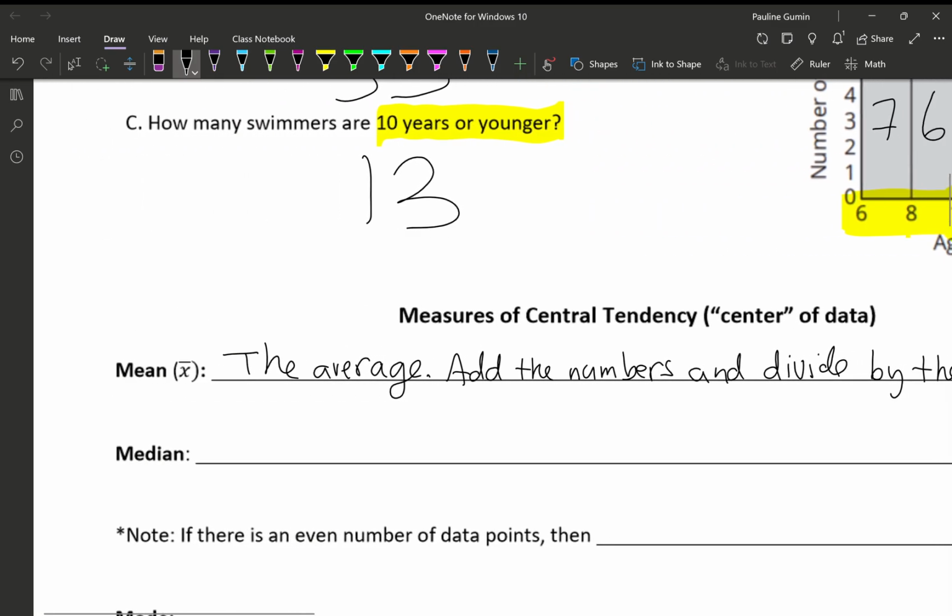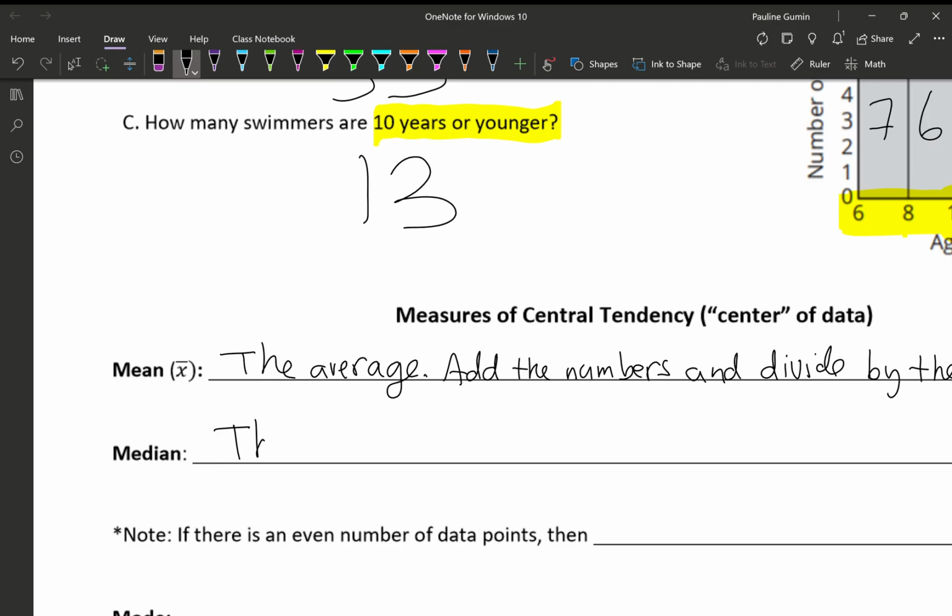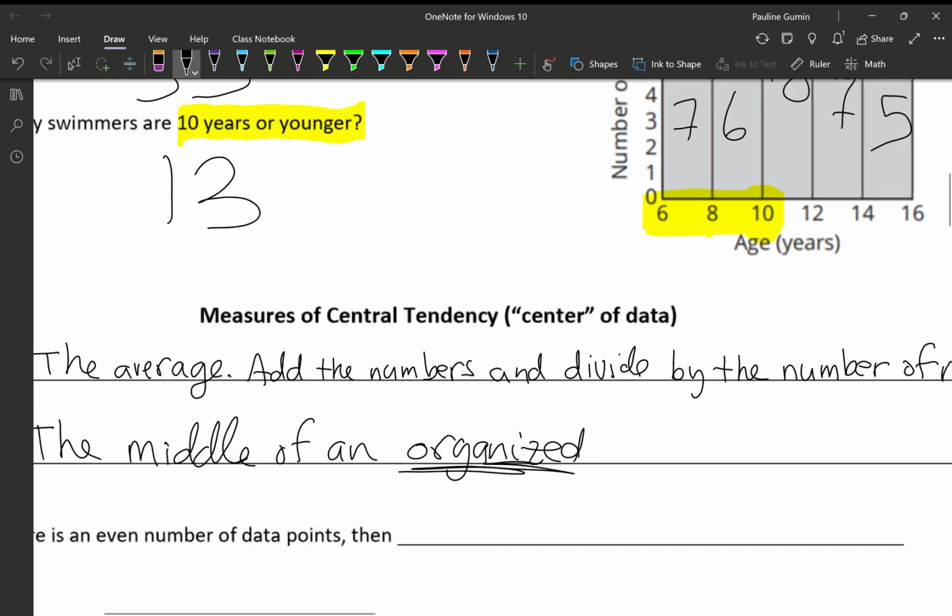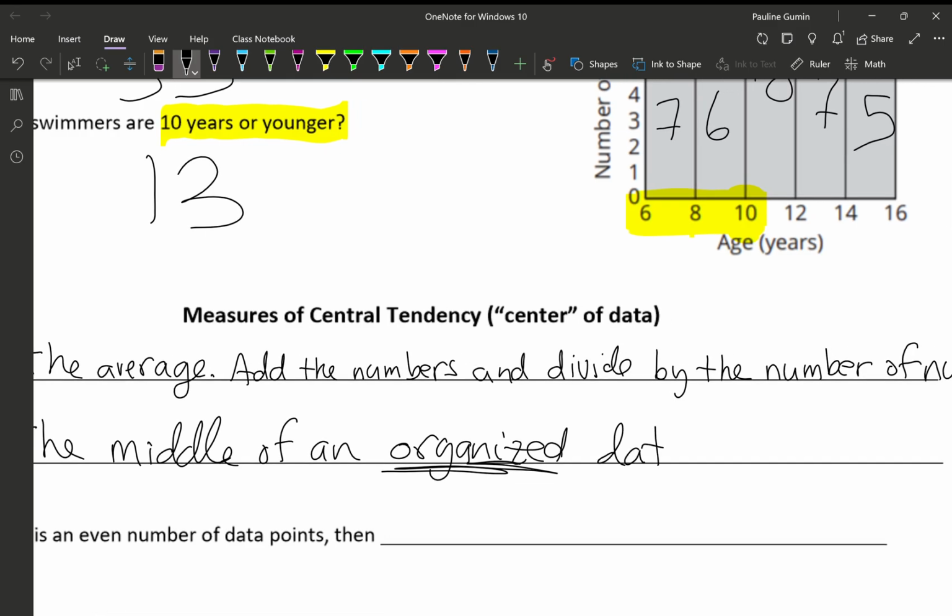Okay. Next, we have the median. The median is the middle of an organized data set. Organized is important. By organized, I mean it's written from smallest to largest.